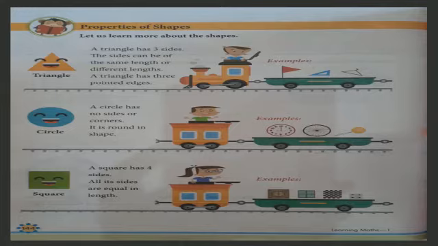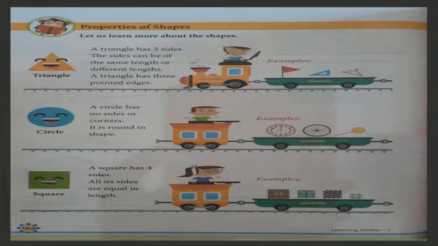So our next shape is a square. A square has 4 sides and 4 corners, as you can see in the picture. The main property of square is it has all 4 sides of equal length. Yes, all its sides are equal in length.